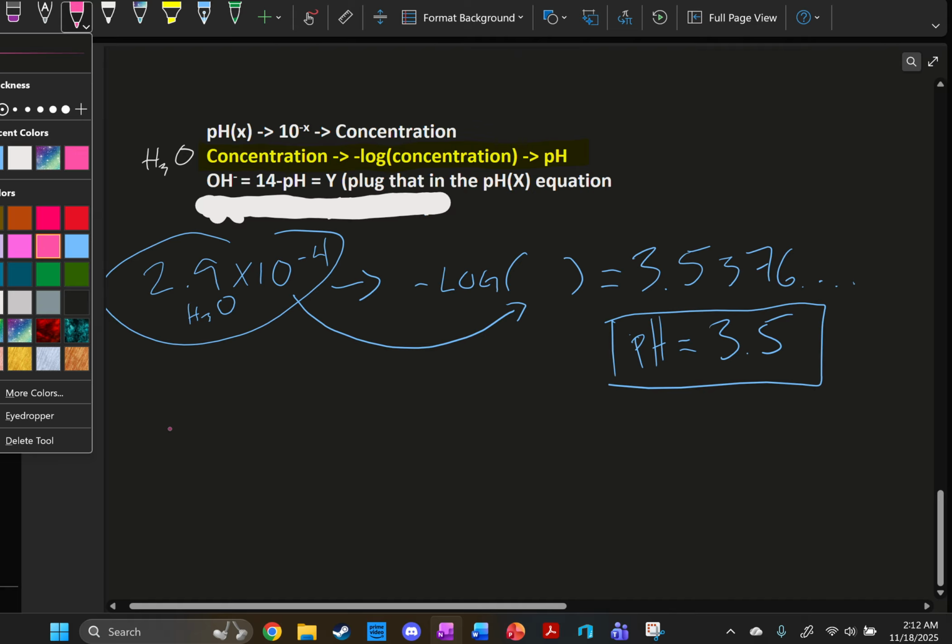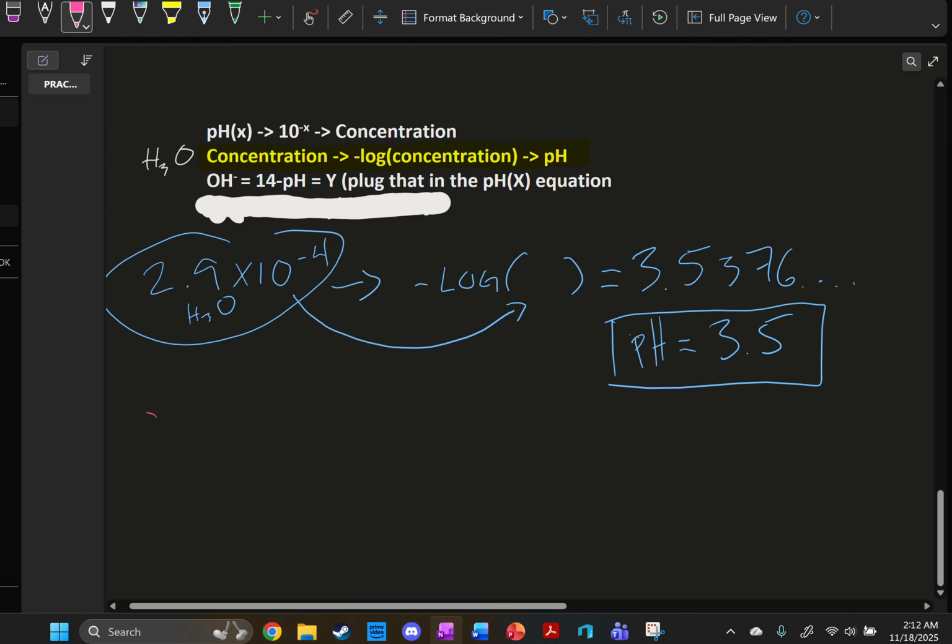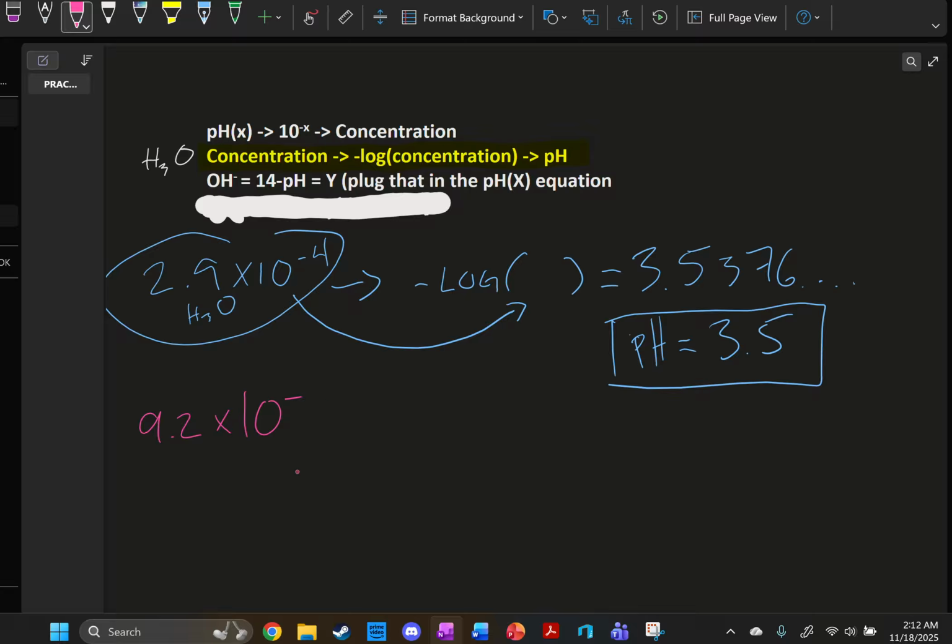So we are given a concentration of, say, 9.2, just to do the inverse of that random number. We'll do times 10 to the negative 11, sure.